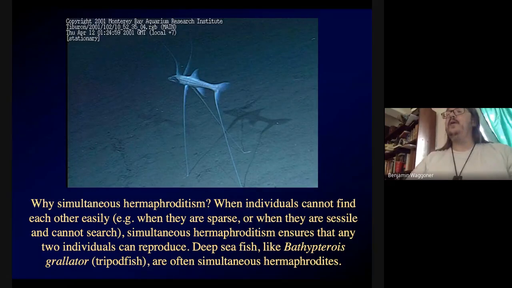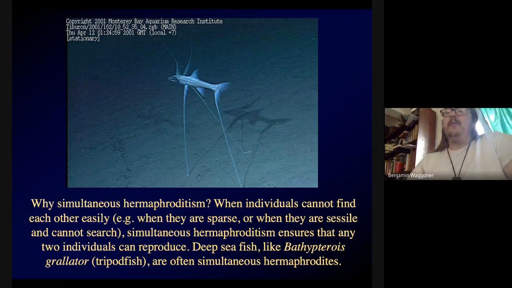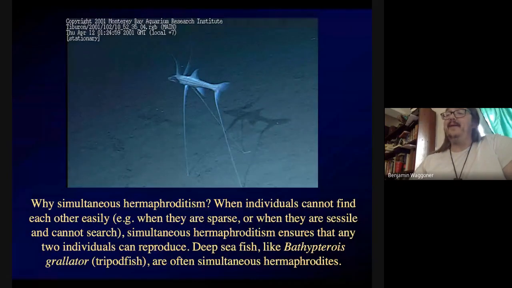And you find simultaneous hermaphroditism fairly often when individuals can't find each other easily. If you want a non-marine example, earthworms are simultaneous hermaphrodites, and it's not that easy to find a mate when you're spending your entire life burrowing through the soil completely blind.